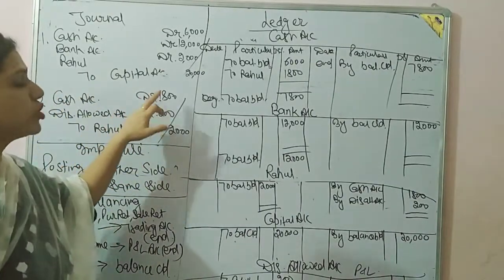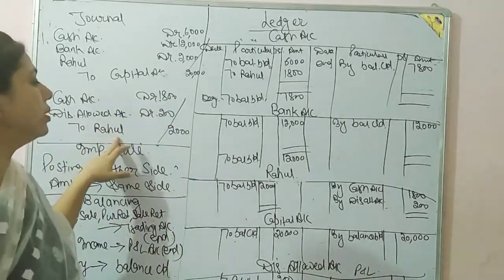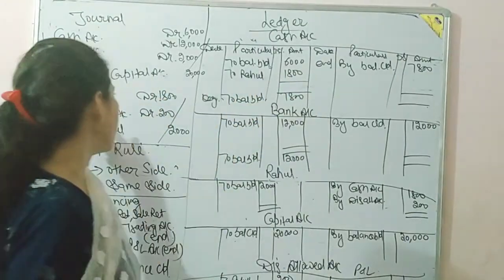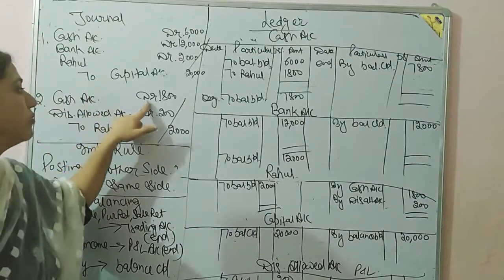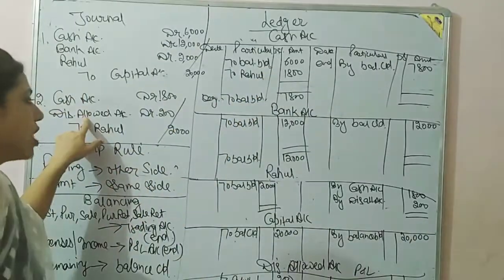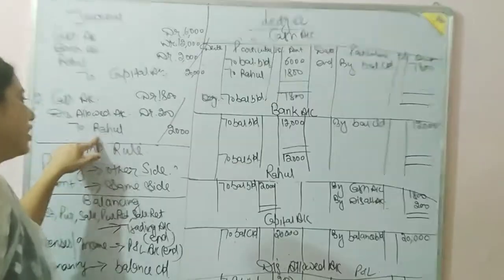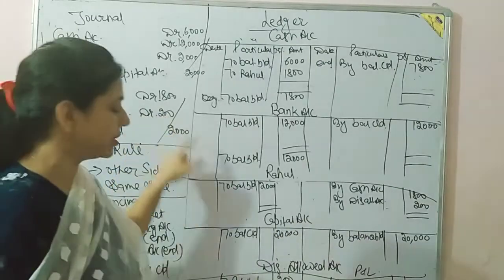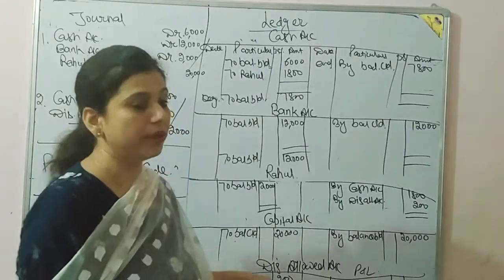Next, how will we post the compound entry? Cash account is debit, so we will write the name to Rahul in the cash account, but the amount should be written in front of cash, that is 1800. Next, in the discount allowed account, we will again write to Rahul, but the amount will be written in front of discount, that is 200 only.